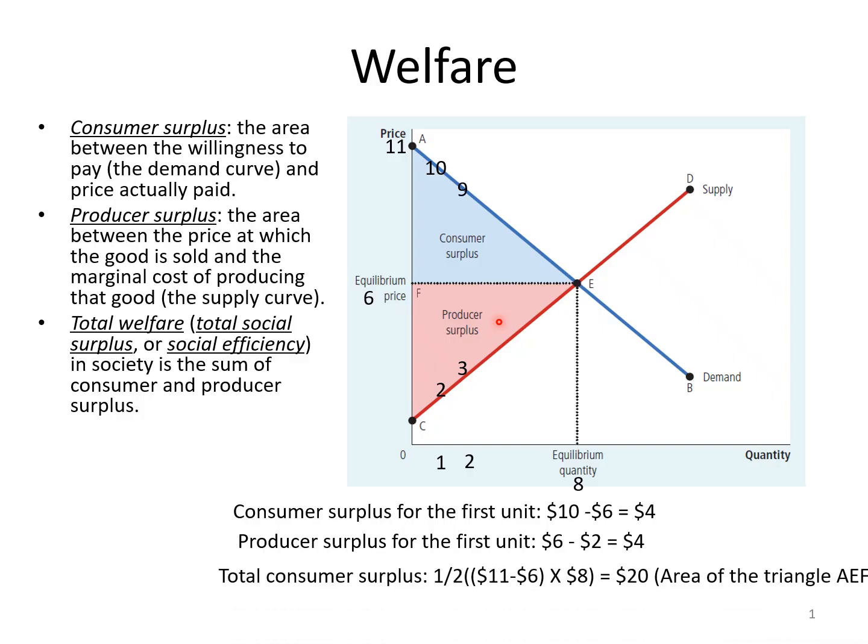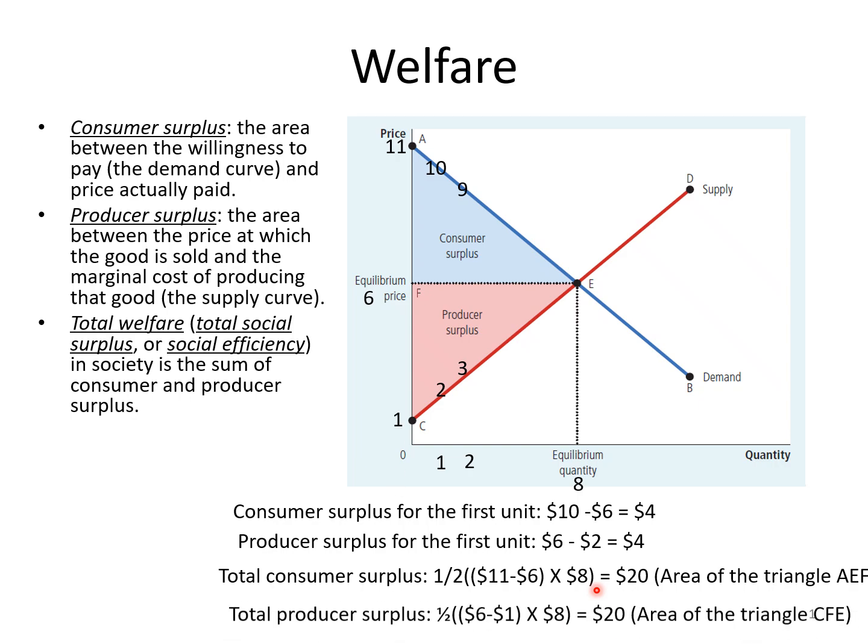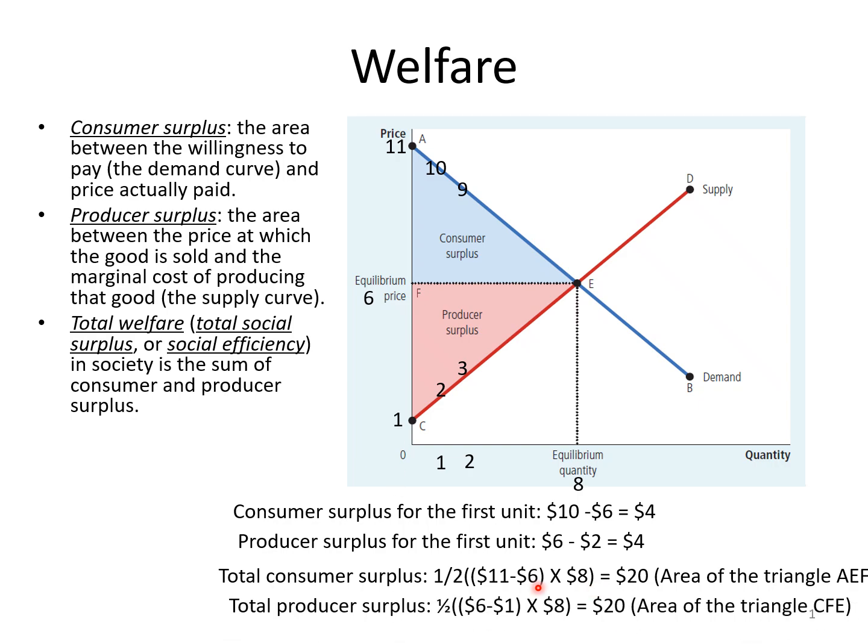And so the total consumer surplus of this area of the triangle is just 1/2 times the base times height, and that leaves you with an area of $20. The producer surplus is the area of this triangle, the 6 minus 1 times 8, and 1/2 of that. And that's $20 for that triangle.